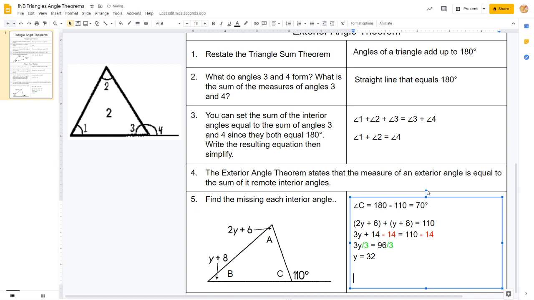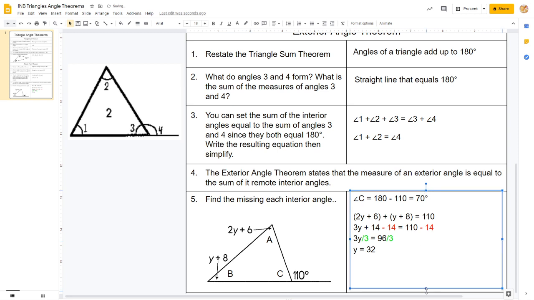So what's going to happen now is I'm going to find out what angle A is and angle B is by plugging in 32 to their respective problems.